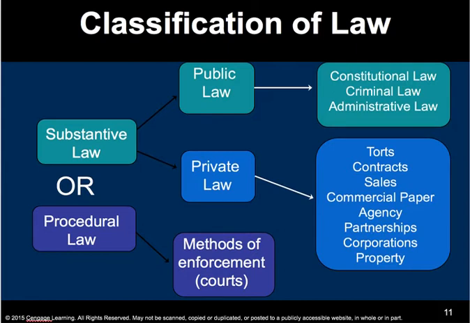Examples of that would be torts. We'll talk a little bit more about all of these. Contracts, sales, commercial paper, agency, partnerships, corporations, property. Those are all examples of private law. If you're dealing with public law, then you're dealing with issues like constitutional law, criminal law, and administrative law. And again, we'll talk a little bit more about each of those later on as well.